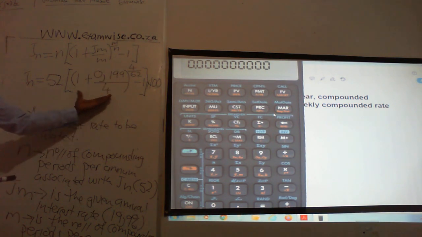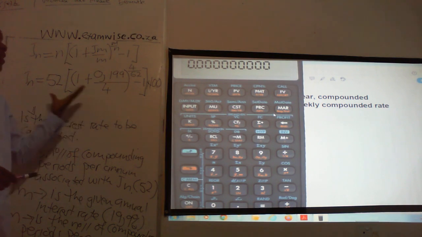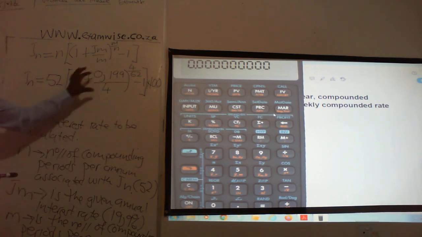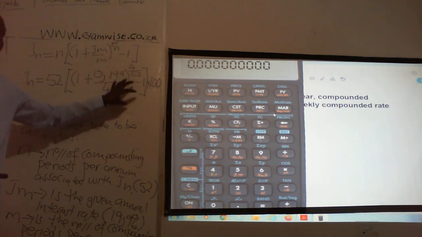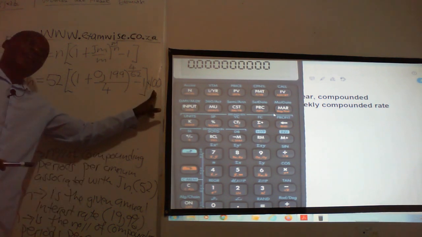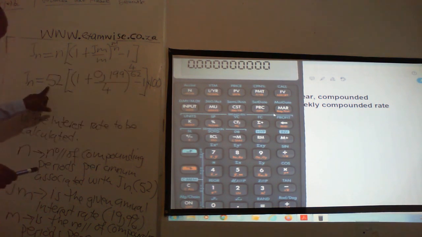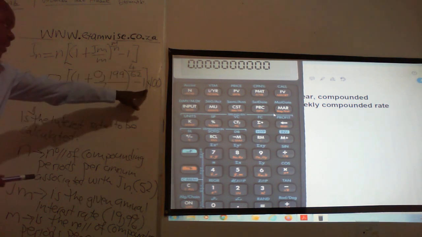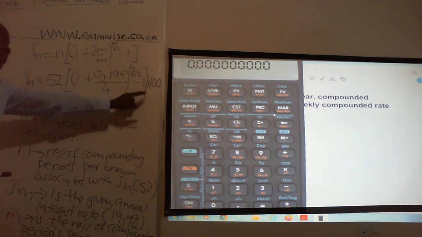So we start inside the small brackets, then extend to the bigger bracket. We have to finish everything inside the brackets before we multiply by 52. I also need to emphasize that we will only multiply by 100 after we have multiplied by 52. So we start inside the brackets, we simplify, then we multiply by 52, and after that we multiply by 100.